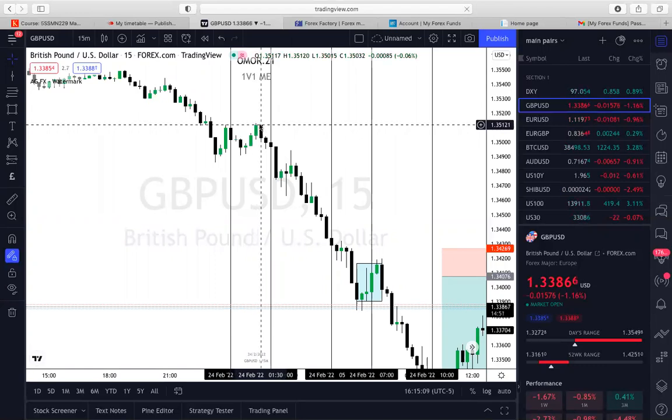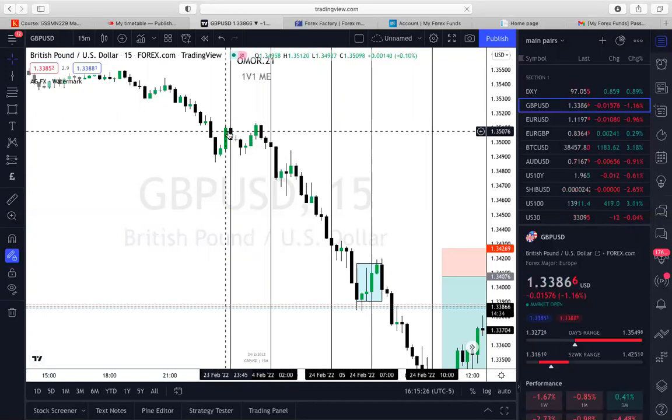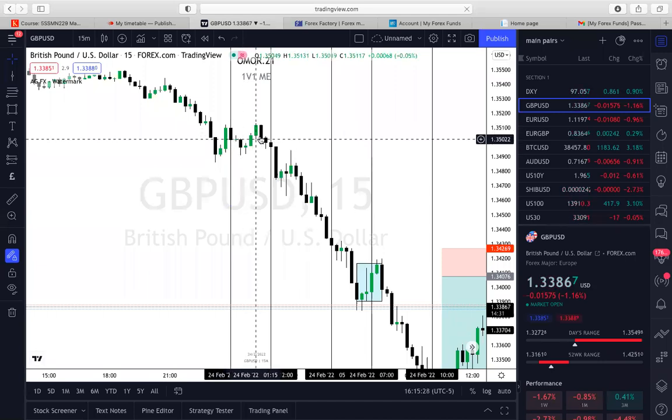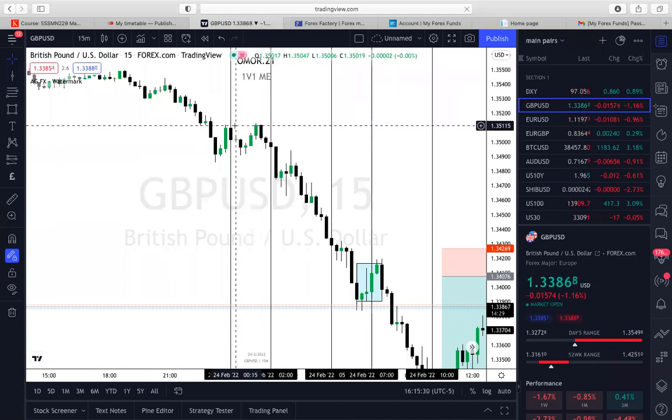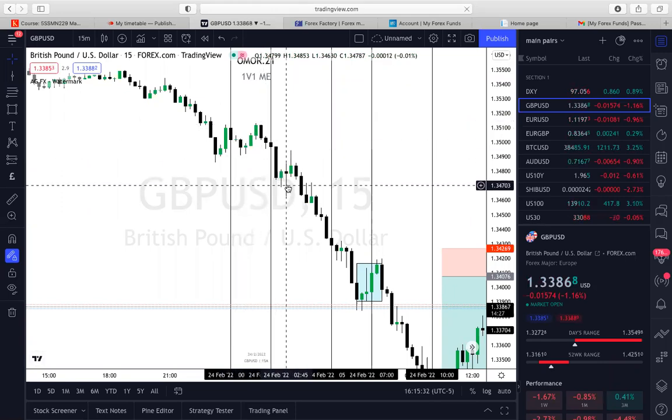That's something the algorithm does. The algorithm resets at midnight New York. Now, before the algorithm wants to go short, before it's there to deliver liquidity, what does it do? There's this high, takes the liquidity above that candle, and it delivers it lower.